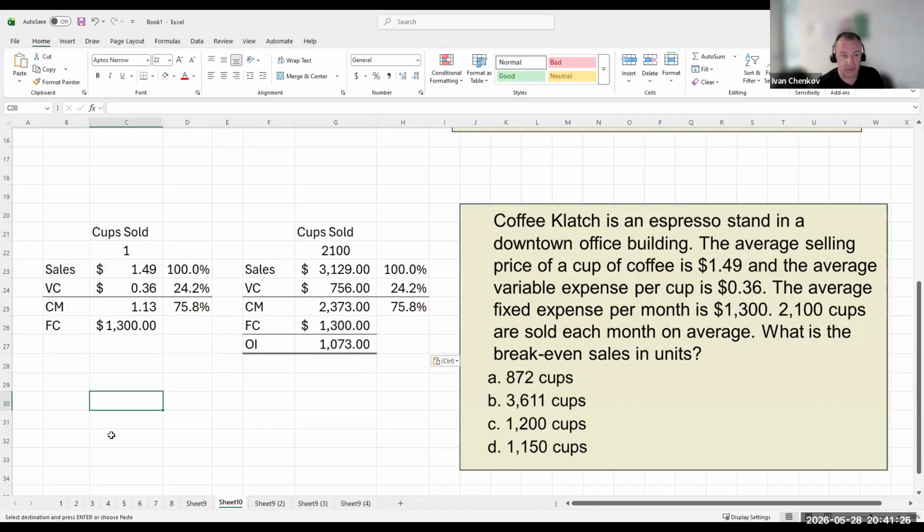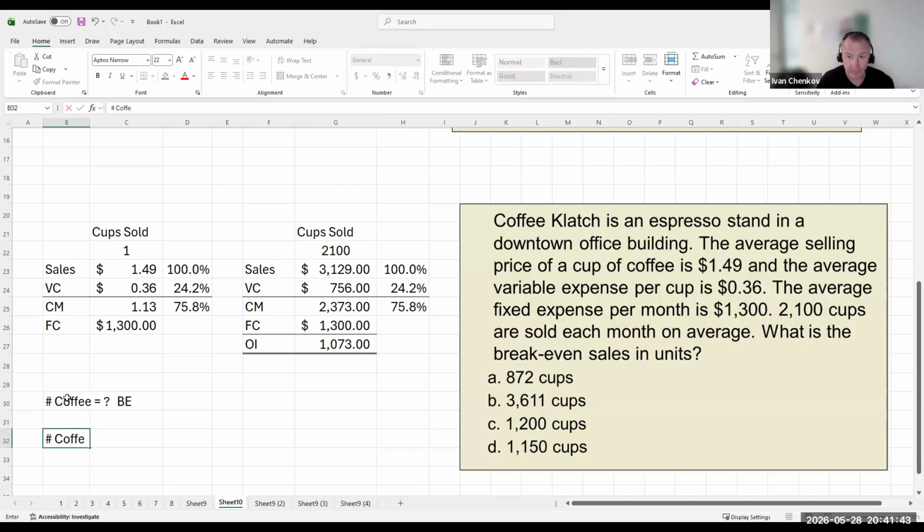So once we have this, we're chasing how many coffees, the number of coffees that we need to sell to be at break-even. Well, the number of coffees will be equal to the fixed cost divided by the contribution margin per unit.